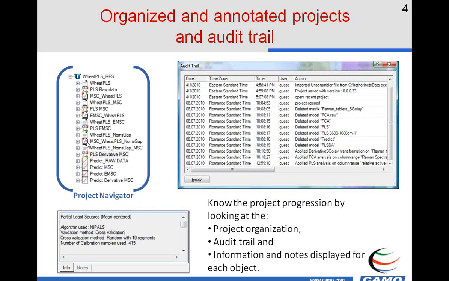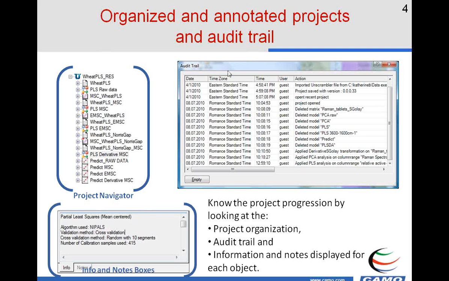And same thing with EMSC. Here I can see I did another pretreatment with a derivative and some models. And then at the end I predicted, and I guess I did a comparison between all the different results. So just by looking at my project navigator, I know what I did last time.